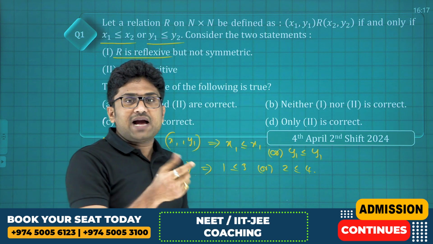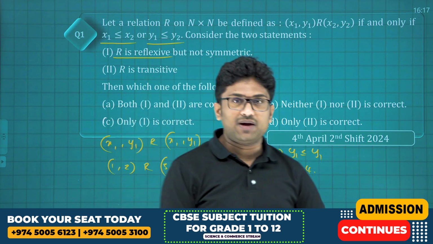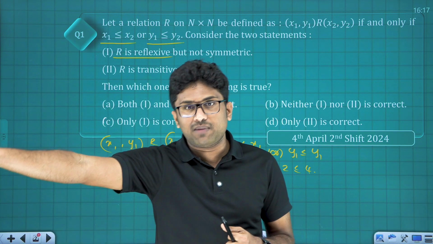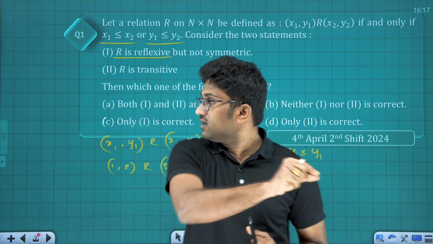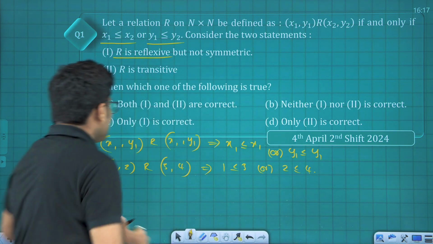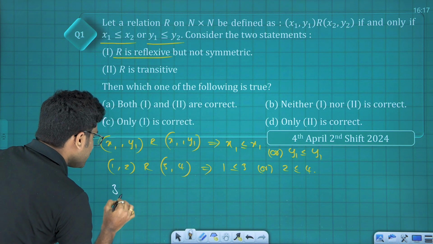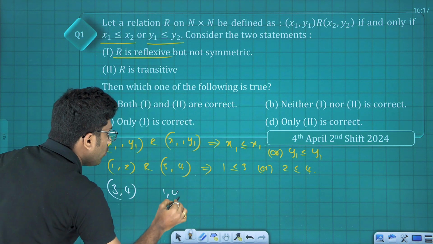Now, if (a, b) is related to (c, d), then (c, d) should be related to (a, b). Then only it is said to be a symmetric relation. To check symmetry, we'll check whether (3, 4) is related to (1, 2) or not.